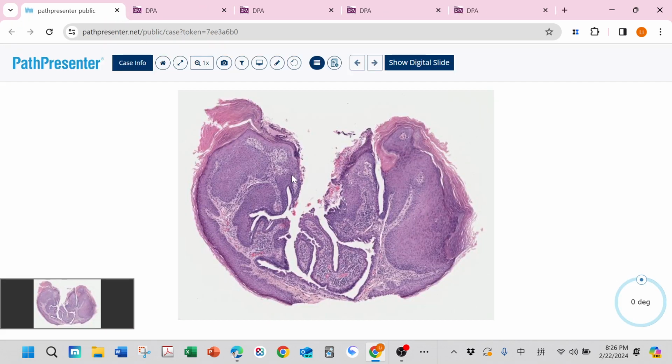Then we have another almost identical-looking lesion. This one is called SCAP. The full name is Syringocystadenoma Papilliferum. Actually, this tumor is identical to the Hidradenoma Papilliferum. The only difference is this SCAP, Syringocystadenoma Papilliferum, is usually in the scalp. And then you can see kind of an invaginated growth.